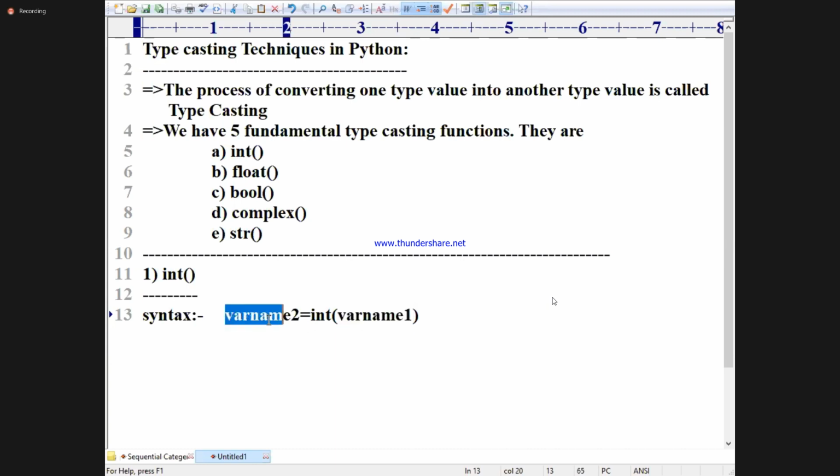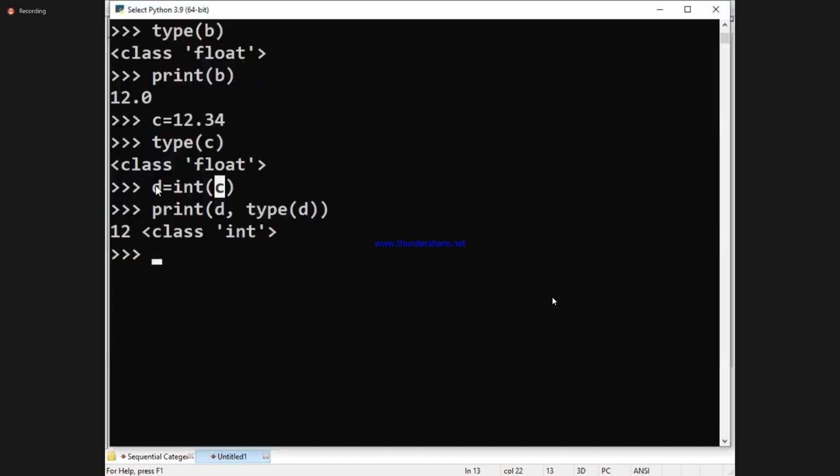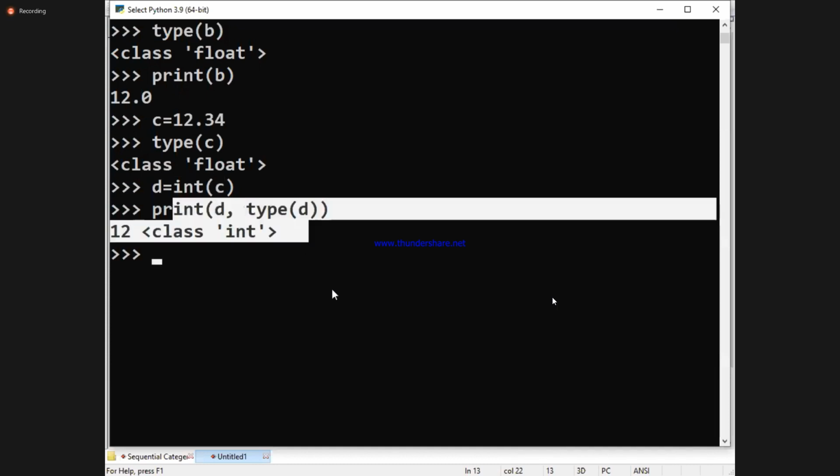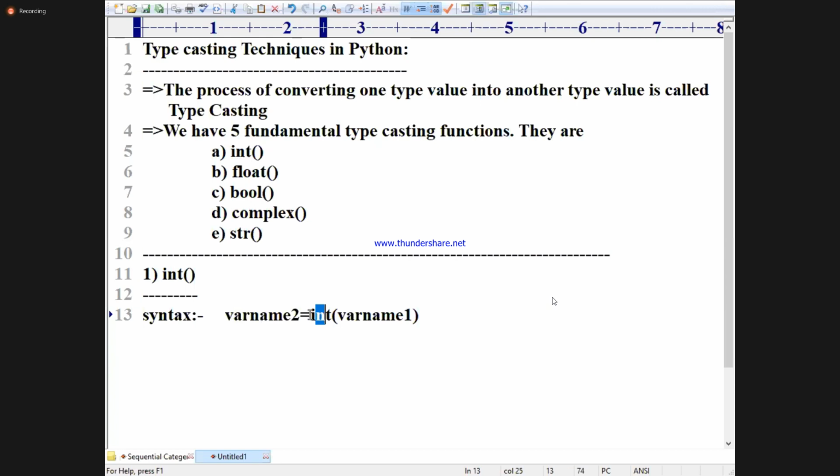What is the type of variable name 1? Int, because the int function converts any type of value into int type. Is the syntax okay?